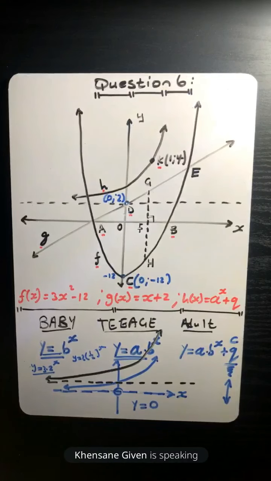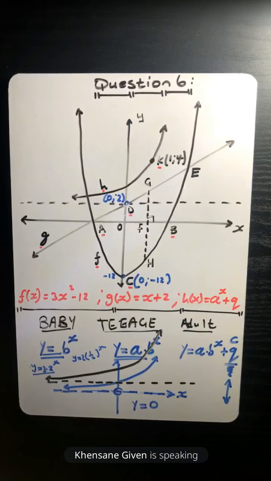I was saying that actually, on the exponential graph, the y equals the q or the c or any number which is there. It's only responsible for the horizontal asymptote. You are correct.